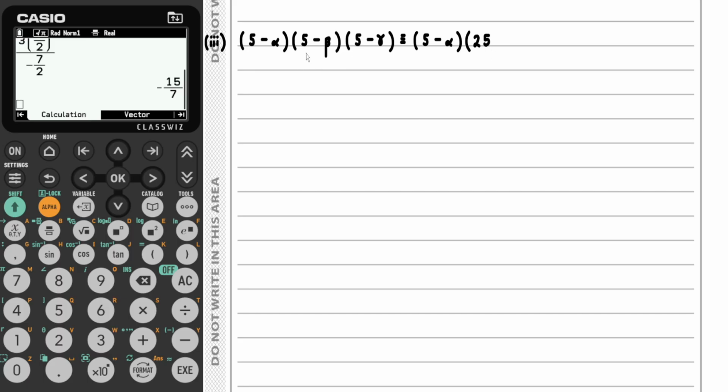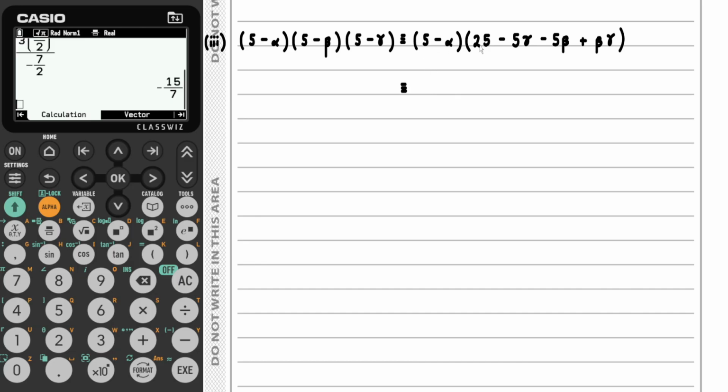Then 5 times negative gamma is negative 5 gamma. Then negative beta times 5 is negative 5 beta. And then negative beta times negative gamma is positive beta gamma. So now we need to multiply these together.